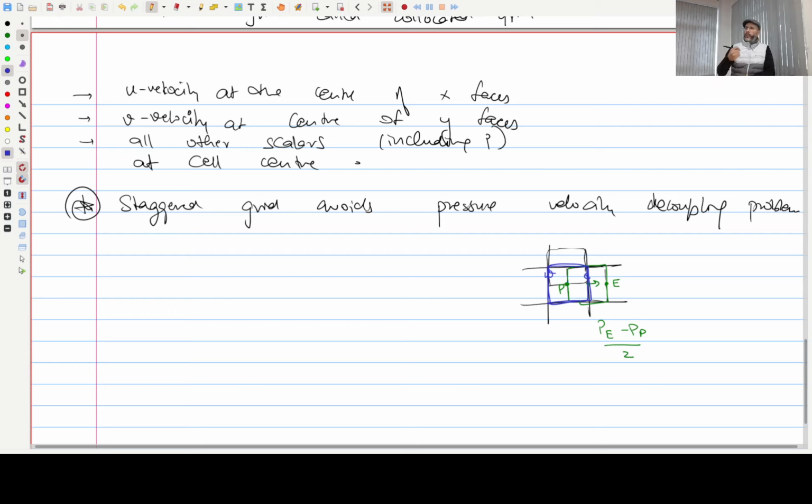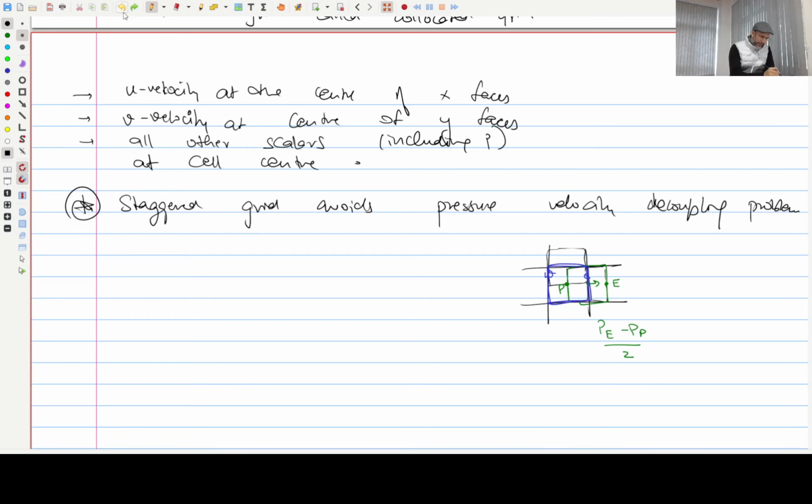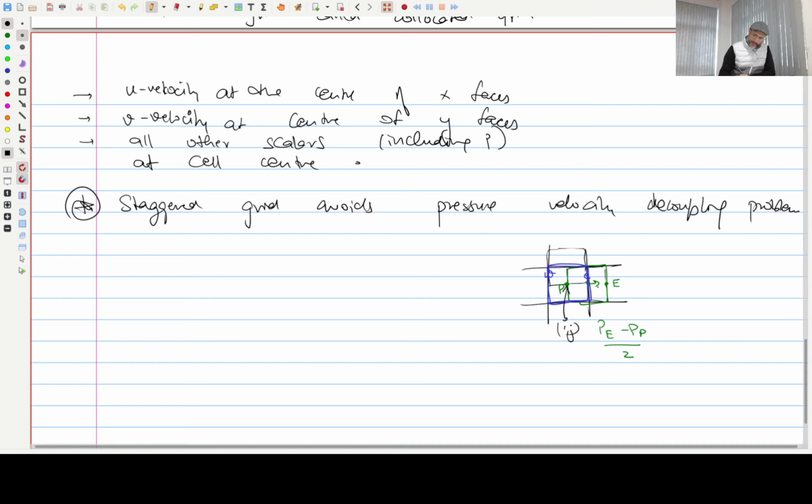For indexing, when we'll be using it in the next class, indexing wise it becomes a bit confusing sometimes. We'll call this cell i comma j. The boundaries will then have coordinates i plus half comma j and i minus half comma j.